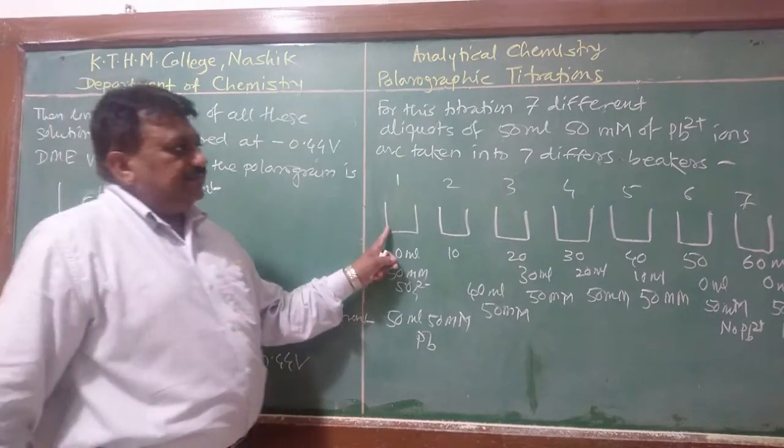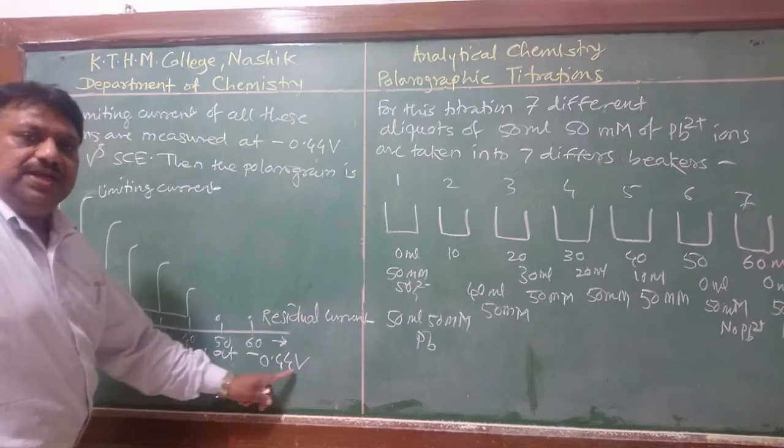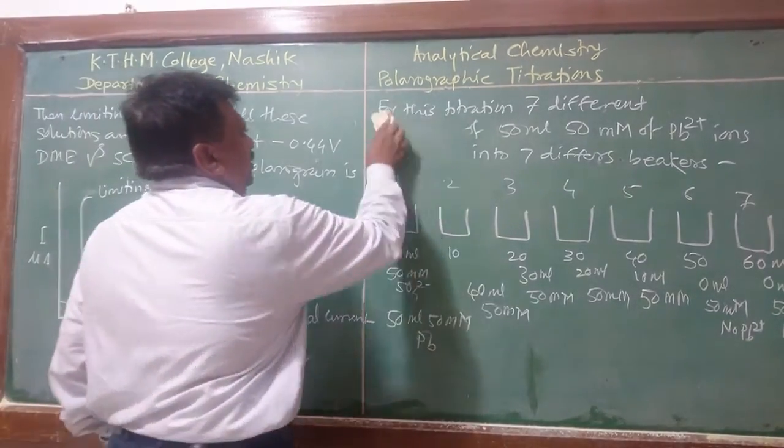When we plot the graph of this limiting current as a function of ml of titrant added, then we have a titration curve.